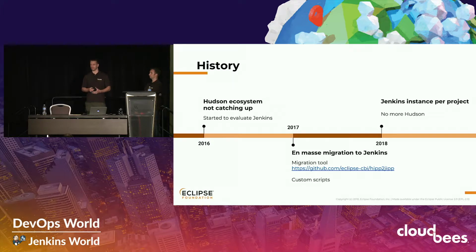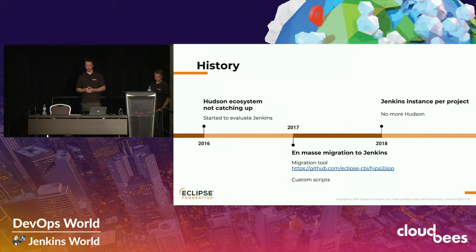Many projects asked if they could use Jenkins instead, and some even evaluated Jenkins, and then we had to take action and say, we cannot administrate Hudson anymore or just support it anymore. We have to switch to Jenkins.